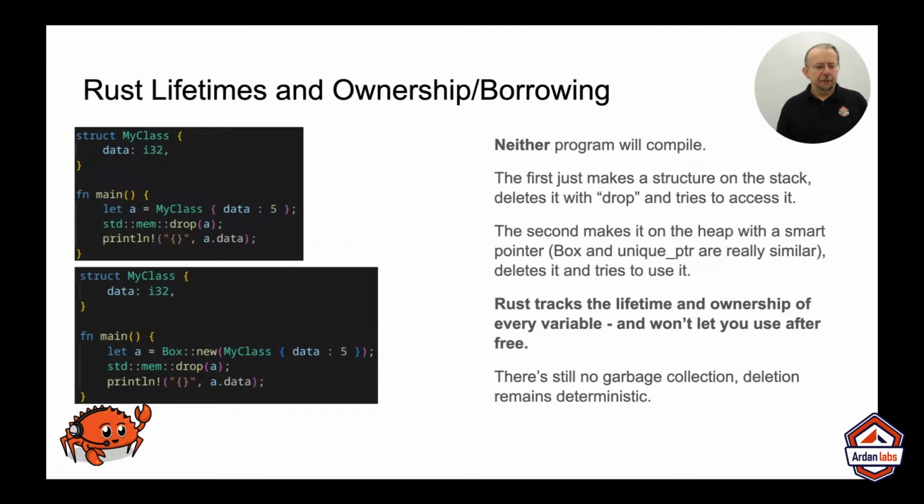Just in case you thought that I was cheating by using the stack, the second one here is the same thing, but I use a Box, I put it up on the heap, drop it, still won't compile because Rust has kept track of the ownership and existence of this all the way through. It simply will not compile. There's no garbage collection, deletion remains deterministic.